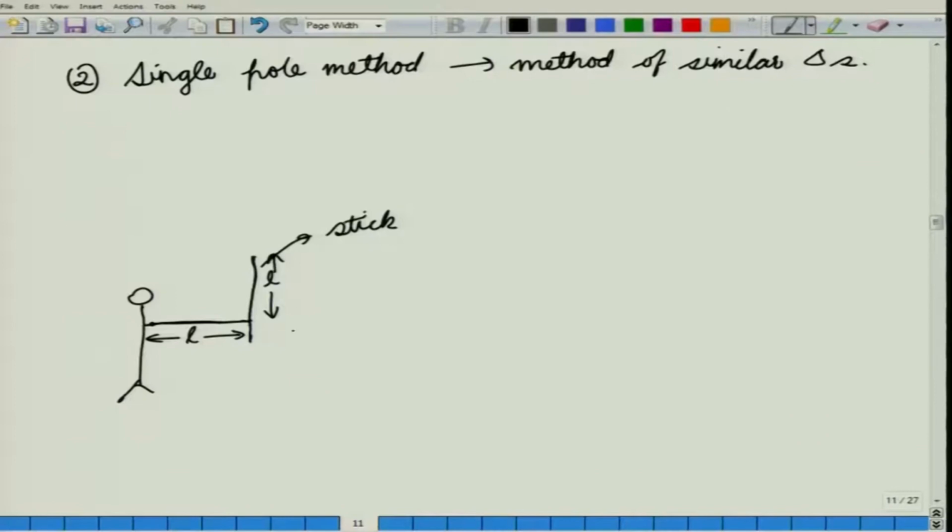So, this stick, the total length is say 1.5 meters. So, this length would be 1.5 minus L.